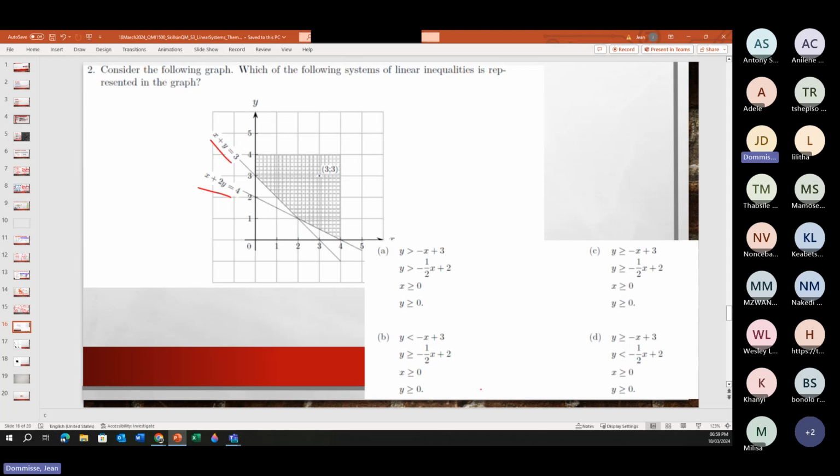The first thing that we need to look at is the highlighted area, the area that is seen here. It's all lying in quadrant 1. So all my x and all my y values will be 0 or bigger than 0.